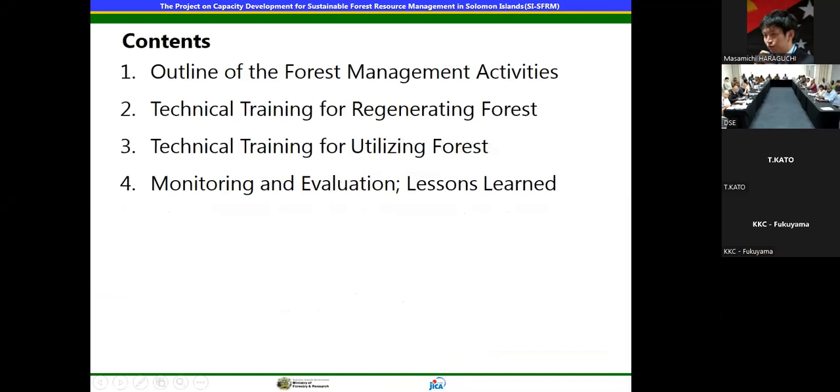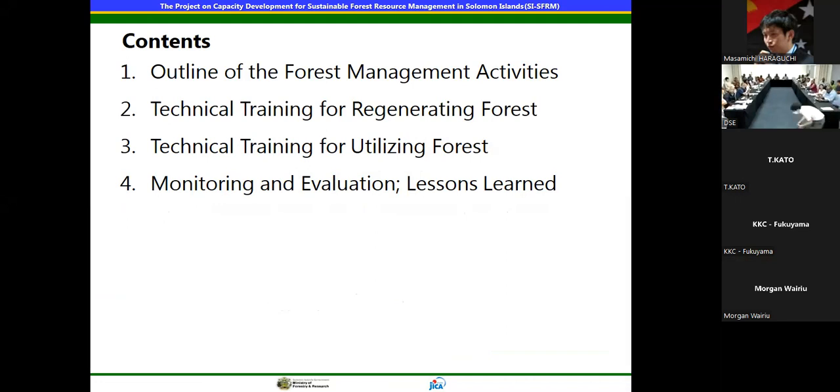The content in this presentation: 1, outline of the forest management activities; 2, technical training for regenerating forest; 3, technical training for utilizing forest; and 4, monitoring and evaluation lessons learned.